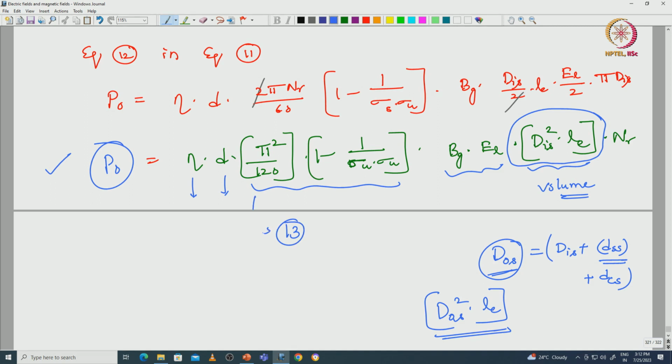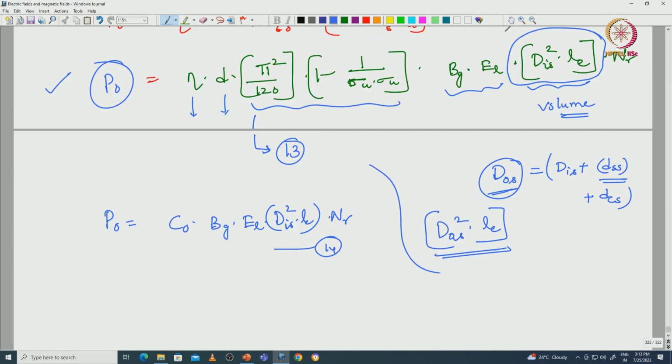This is the final power equation, equation number 13: P naught equals output coefficient into magnetic loading into electric loading into volume product into speed. This is the final power equation with respect to the output coefficient.